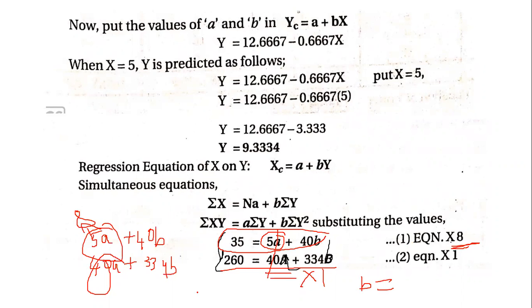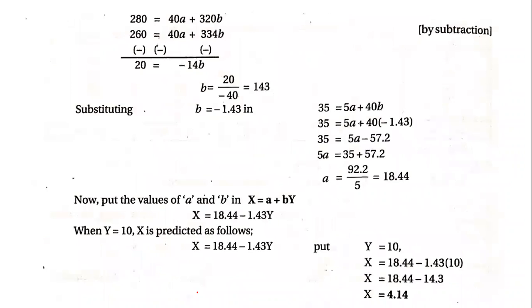Then moving further, my new equations after multiplication are going to be 280 is equal to 40a plus 320b, and the second equation will remain as it is because I had multiplied it with 1, 260 is equal to 40a plus 334b.